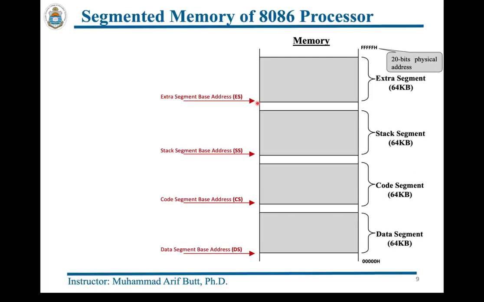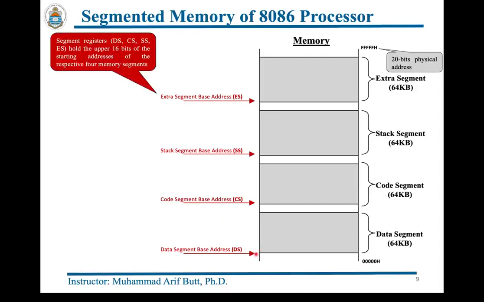Now the $100 question that might come to your mind is how a 20-bit address is stored in a 16-bit segment register. How come these 16-bit segment registers can contain a 20-bit address? Well, the answer is every segment begins from an address where the lower 4 bits are 0.